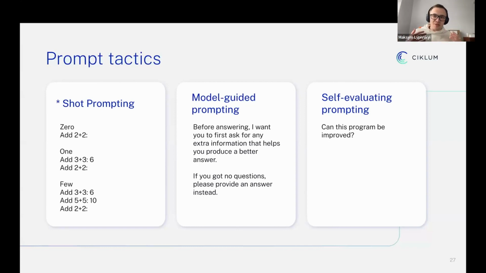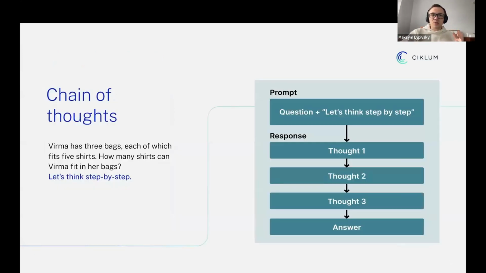So most of the prompt tactics focus on realizing the maximum computation from large language models, and mostly different thought tactics focus on realizing that computation.